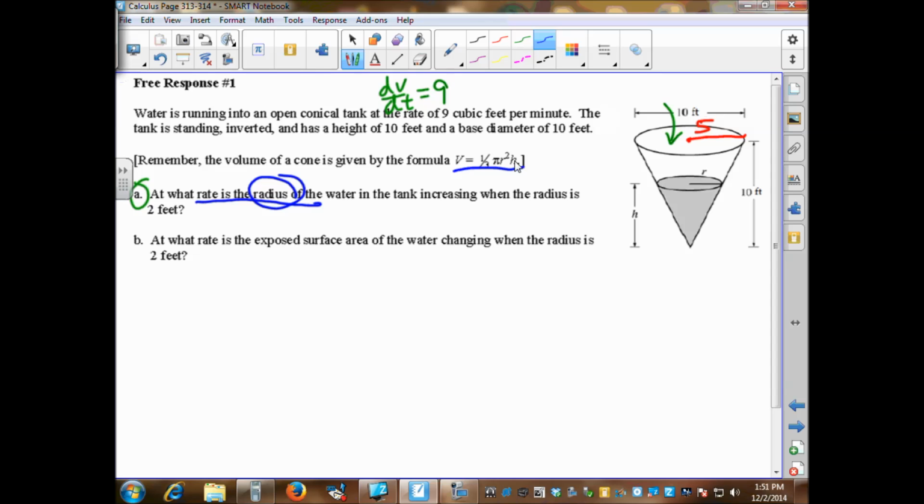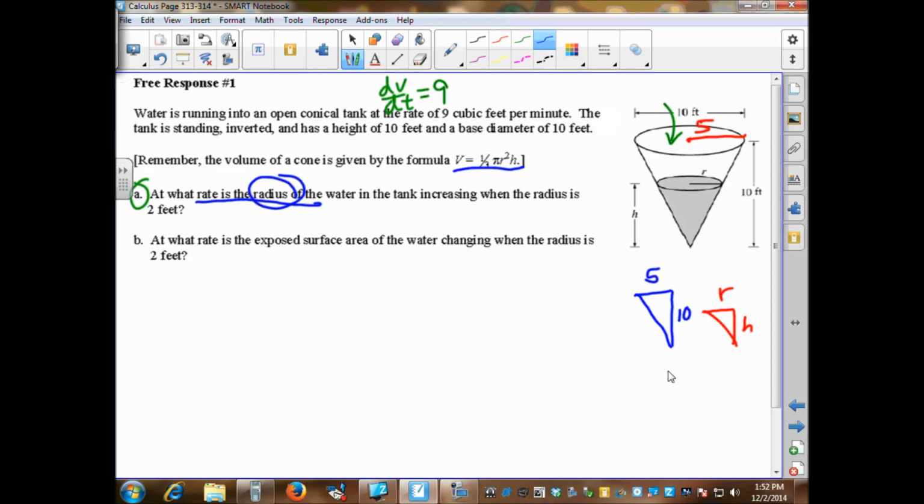I need to only be talking about radius. So first of all, let's do that. I know that when the radius is 5, the height is 10. So I know at any time the radius is r and the height is h.